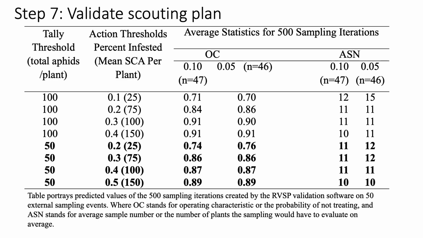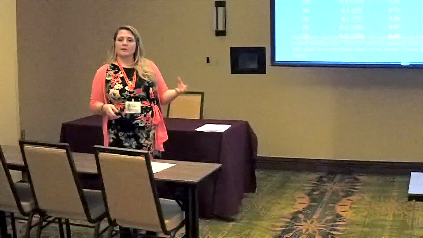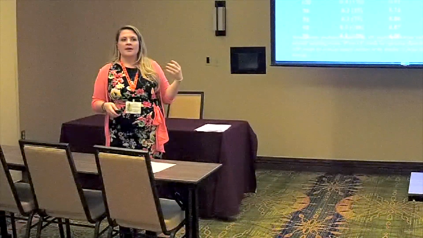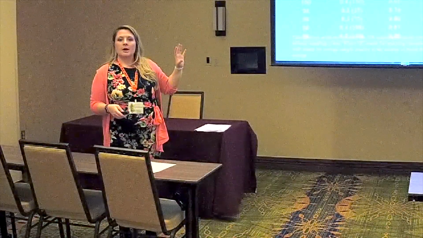The sampling model that we use takes those externally sampled fields and samples them virtually 500 times each, and comes up with an average sample number it took to determine an action, whether that was to treat or not to treat.